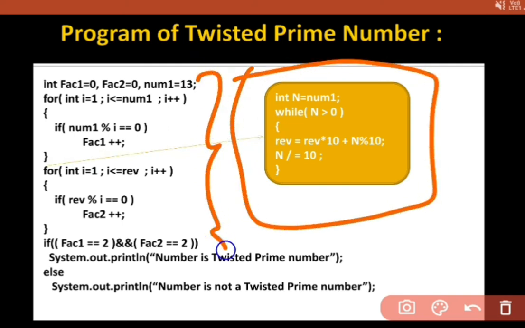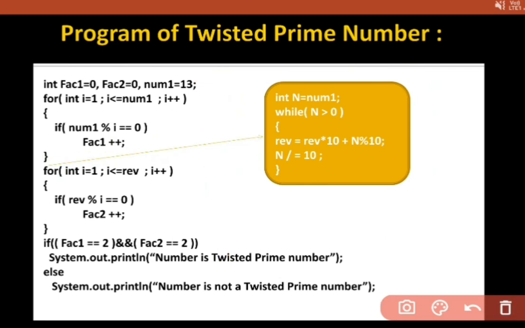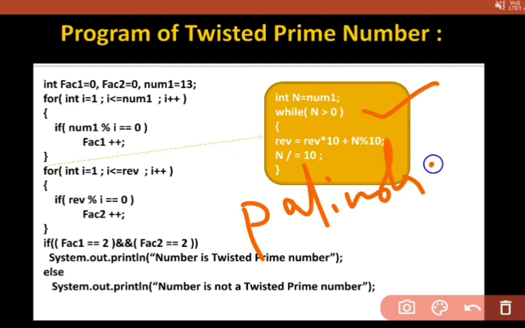Whatever logic I previously had, I am keeping it here, and whatever I now want, I am providing here, so that you can understand what type of situation we have, and according to that we have to proceed with our logic. Somehow the logics are interrelated. In my previous video, I told you how to reverse a number. When I was telling you about the palindrome number, at that moment I told you how to reverse a given number.